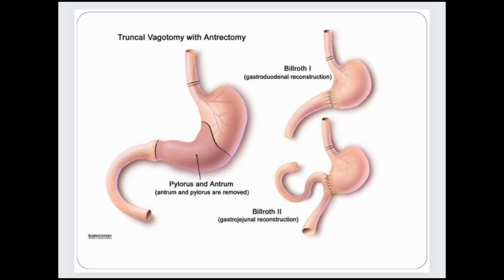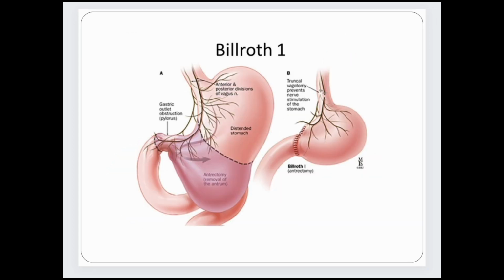So this is what it looks like in case of truncal vagotomy with antrectomy. Billroth 1, where gastrum and duodenal reconstruction takes place. Billroth 2, where gastrum and jejunal reconstruction takes place. You do the surgery and remove antrum and pylorus. This is antrectomy.